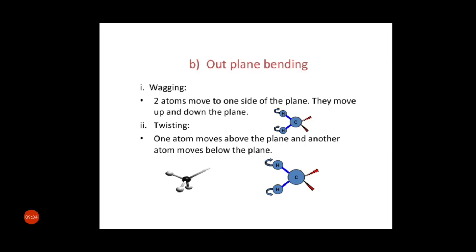But in twisting bending, one atom moves above the plane and another atom moves below the plane. This is the difference.